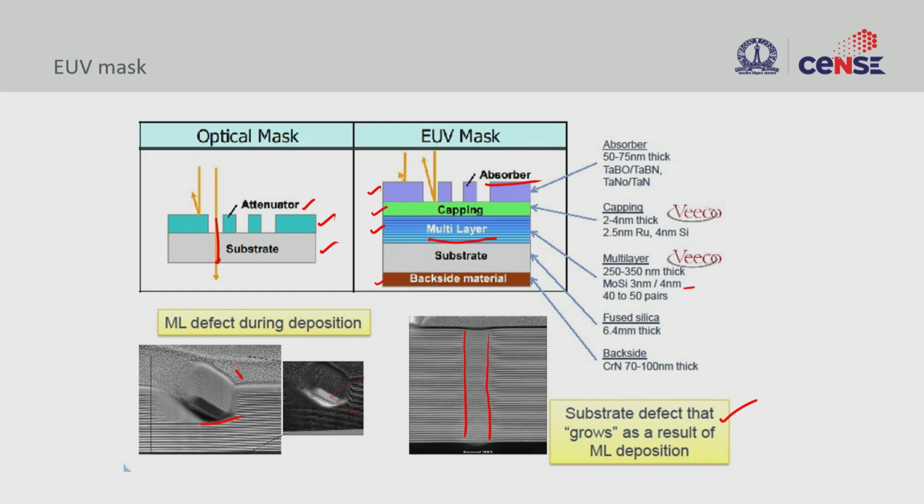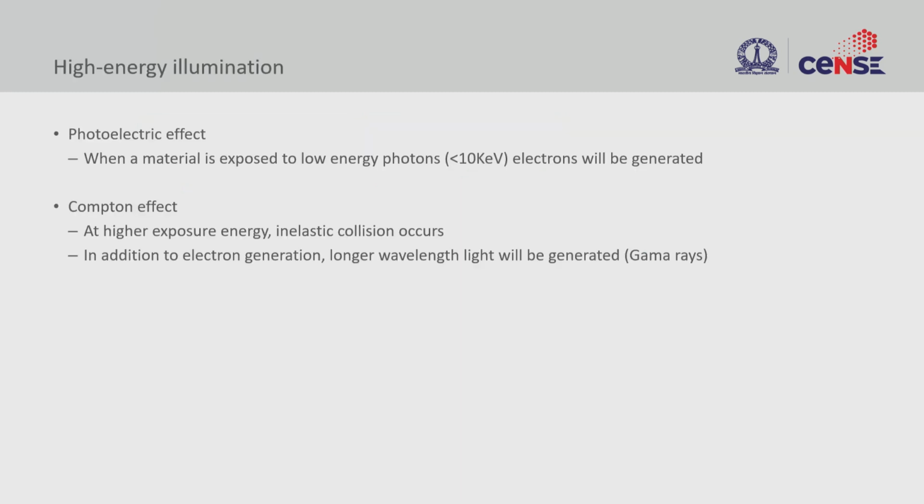This is a particle defect, and you don't want to have these particles there because your light source wavelength is 13.5 nanometers. So you need to look at the scattering cross section. Any dust particles which are of the order of the wavelength, 10 nanometer or even 5 nanometer, will scatter, and that will create undesirable imaging problems.